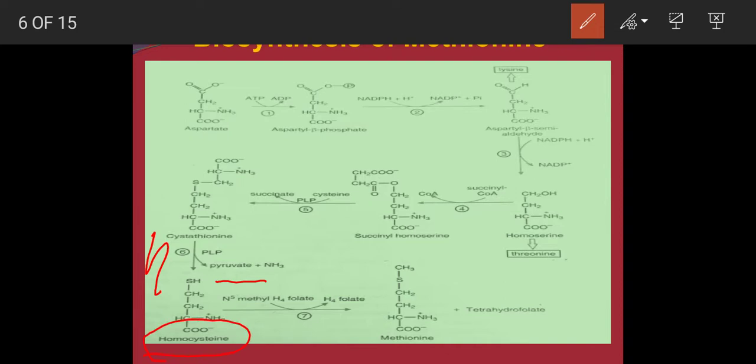And in the last step, the 7th, the homocysteine is methylated by the enzyme methionine synthase, and the donor of methyl group is methyl tetrahydrofolate, and this produces methionine and tetrahydrofolate is released. Thus, in 7 steps, methionine is formed from aspartate.